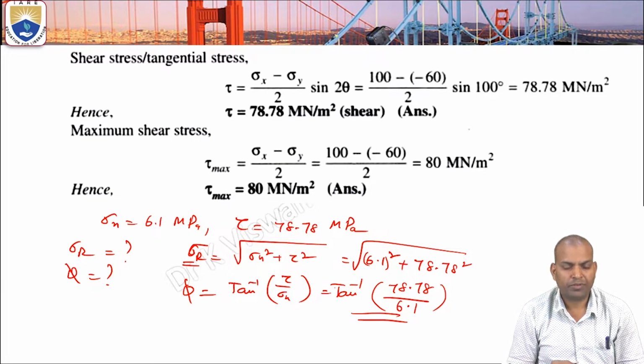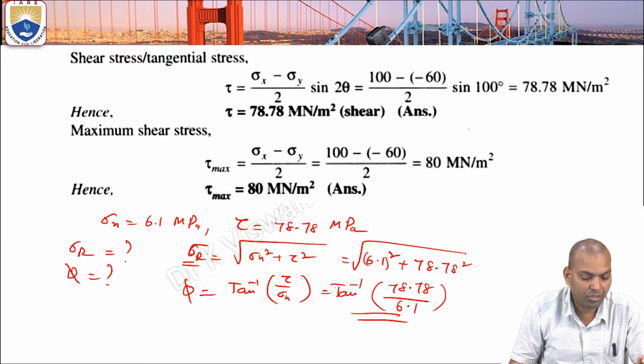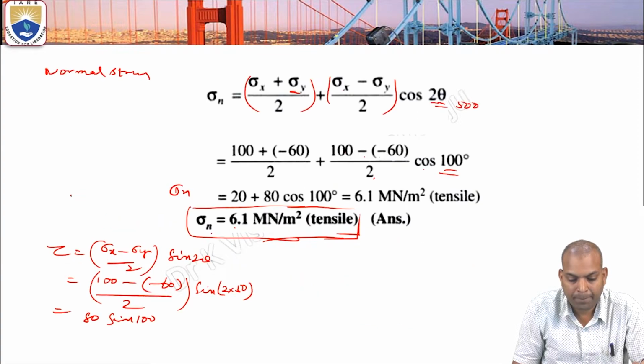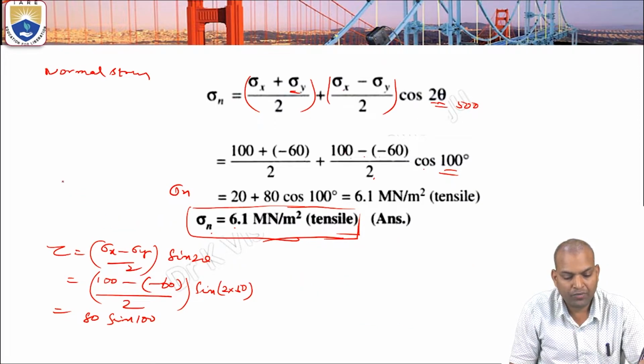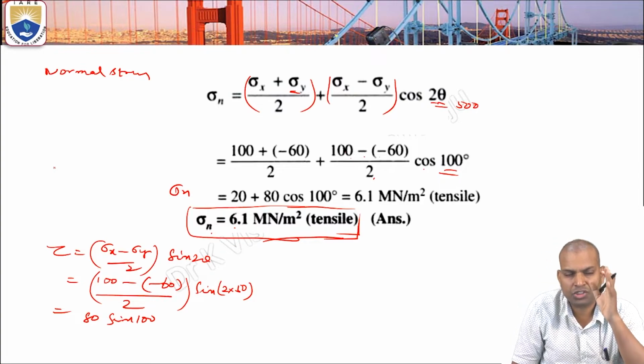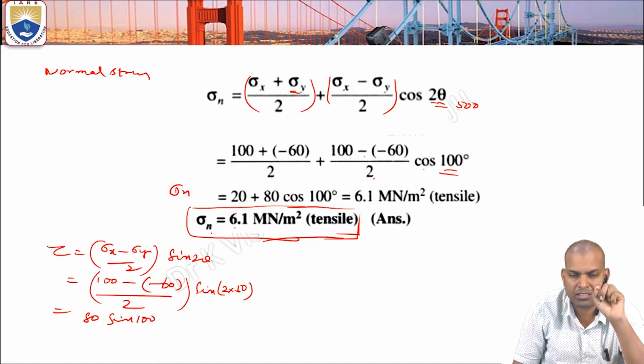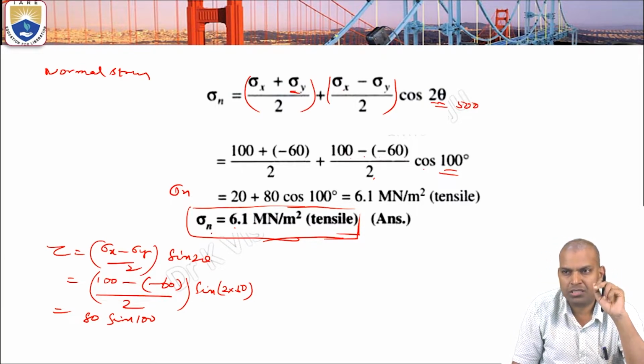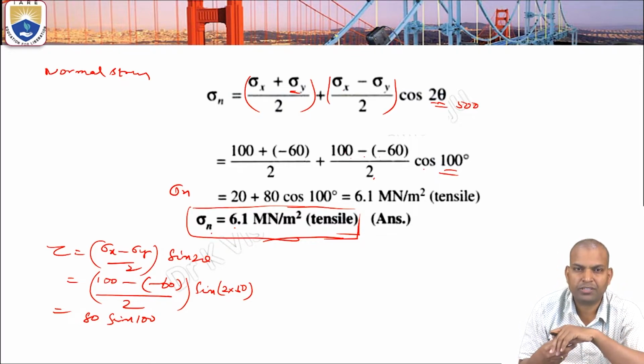The three objectives are mentioned, but two more objectives are also calculated using the same data. Now, what is the novelty of this problem in comparison to previous problems? The novelty is that here the stress in the x direction is tensile and the stress in the y direction is compressive.